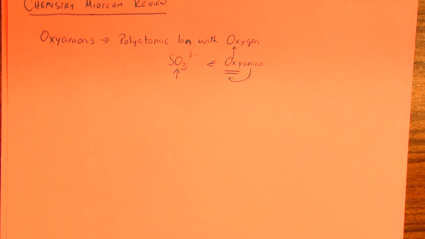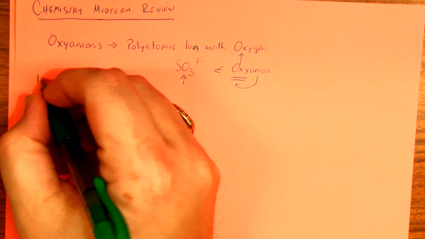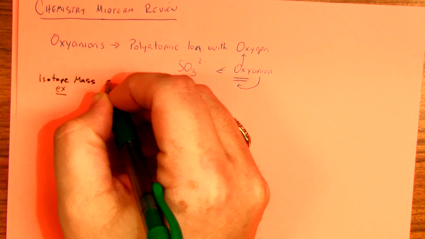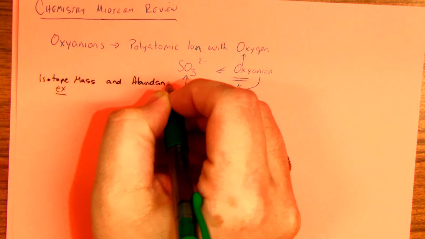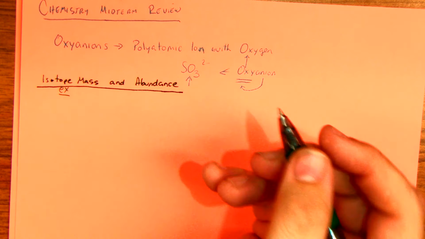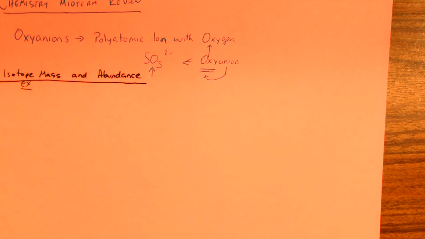All right, now let's just take an example. And so this is isotope mass and abundance. Because when mass is calculated, it takes into account all the different isotopes and when you get your atomic mass number.